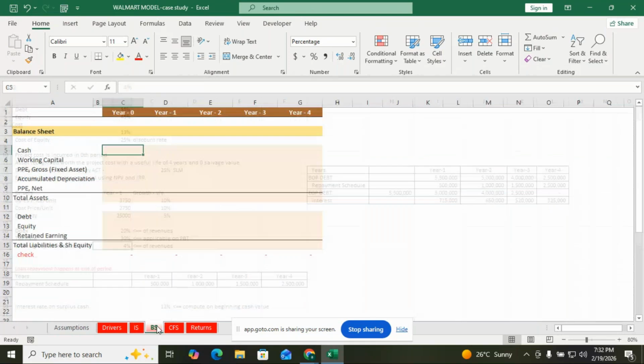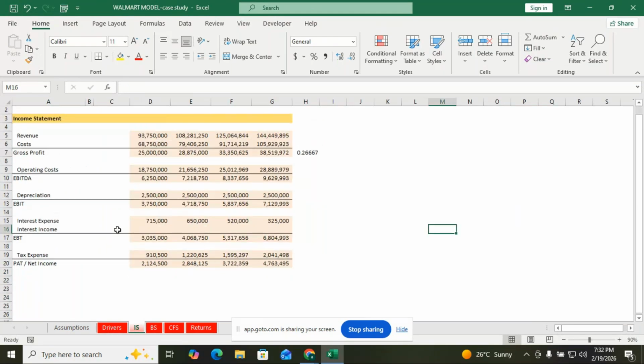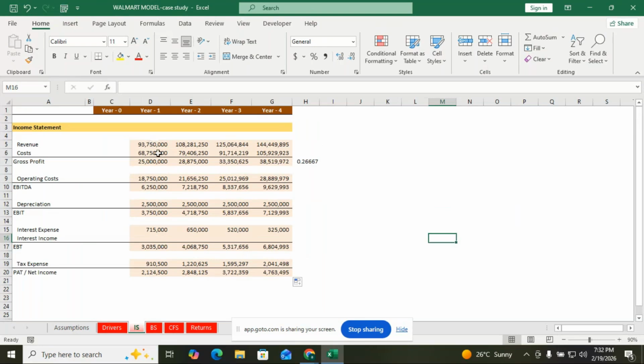So, from year 1 to year 4, year 0 is the initial year. From year 1 onwards, the working capital is 4% of the revenue generated. 4% of your revenue, that is this. That is your working capital requirement.